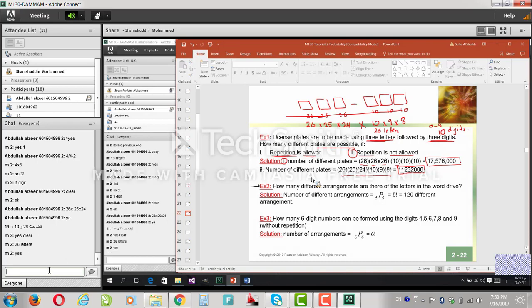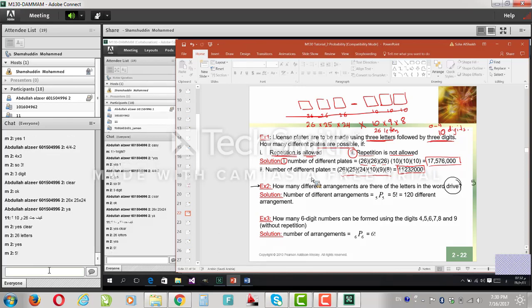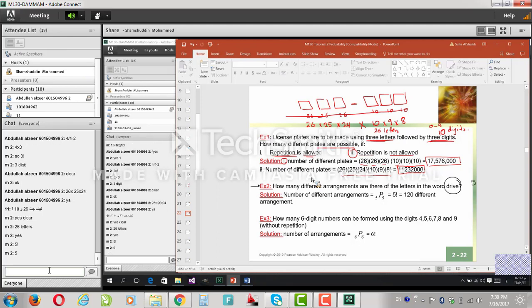Now example 2. How many different arrangements are there of the letters of the word drive? How many letters do I have? 1, 2, 3, 4, 5. So I want to do the arrangement. The 5 letters are different, so it is factorial 5.